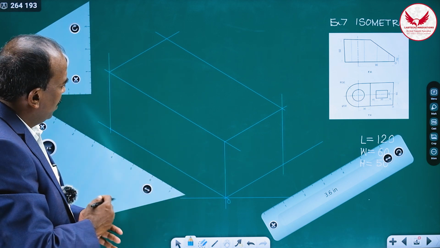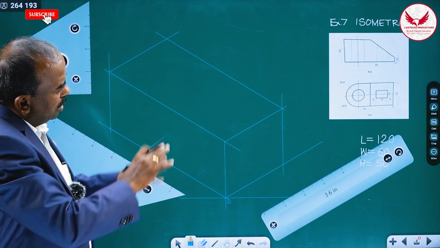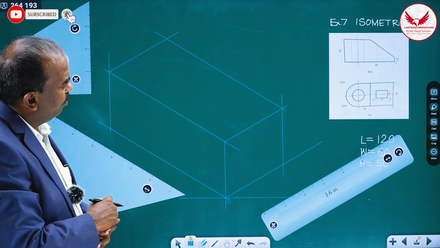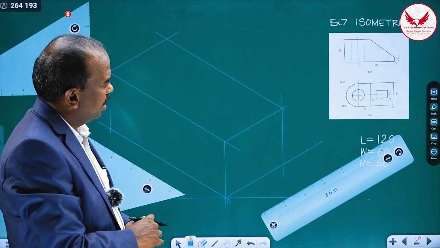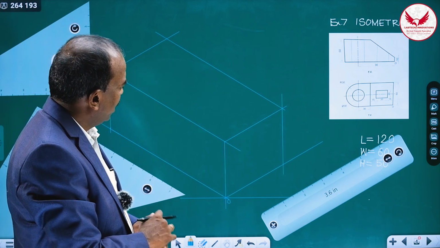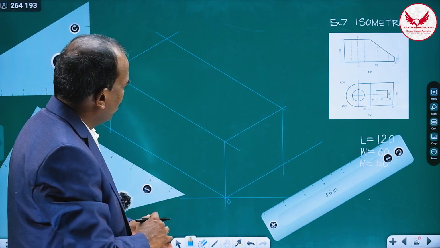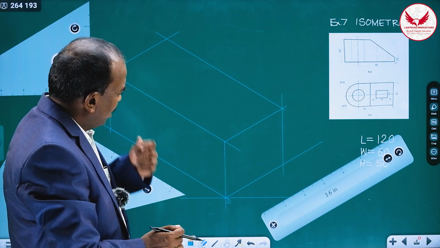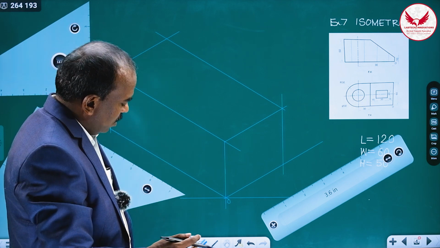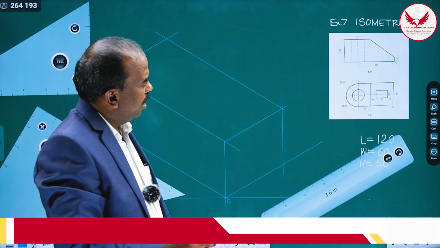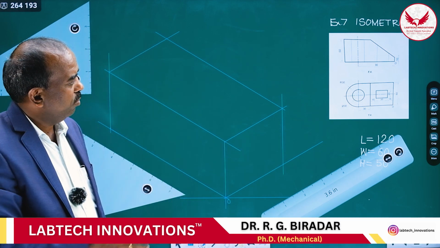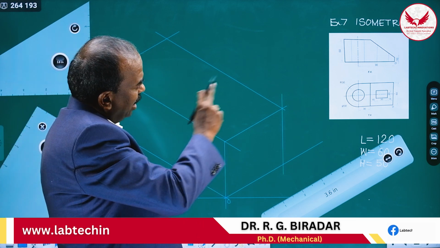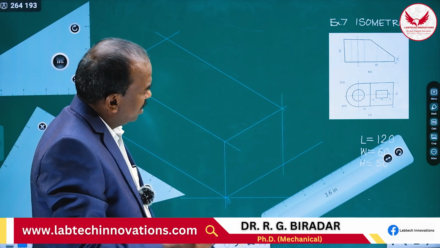Then for proper and faster drawing, try to read the orthographic views also and use a few techniques so that your isometric view will be very simple and you can draw very fast. This isometric box is nothing but the isometric view of a rectangle as a front view and a rectangle as a top view.